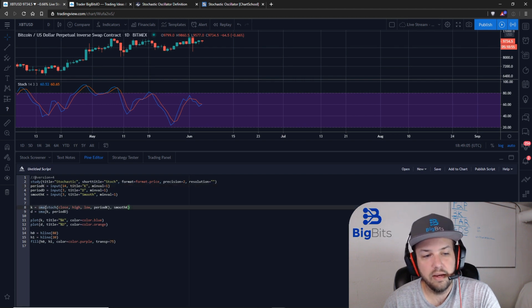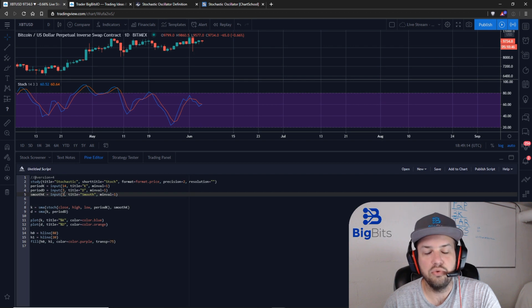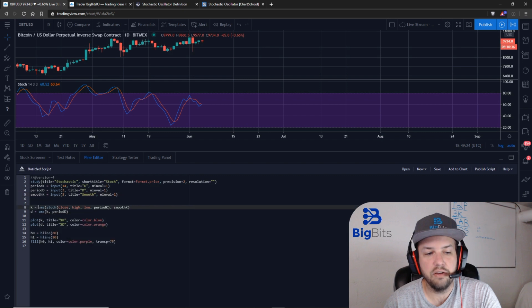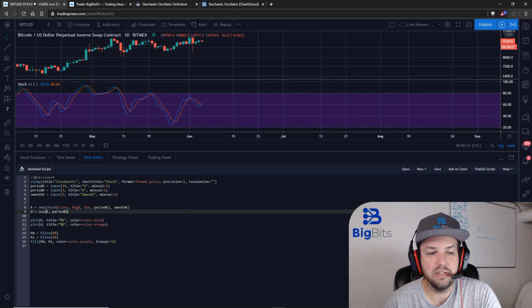The SMA here is using the smooth K, but if you were to set the smooth K value to 1, you would essentially just be using the fast calculation. But since it is defaulted to 3, and you'll notice I've added the default up here, this is setting our K value to a smoothed SMA of 3. So this is the slow stochastic calculation, and then further beyond that, it takes that K value and smooths it again to get the D, and it defaults to a value of 3.